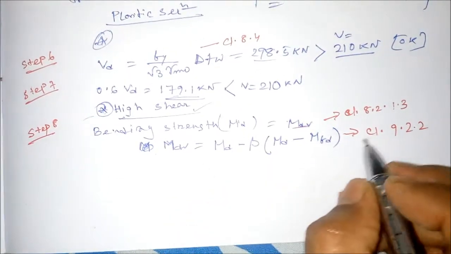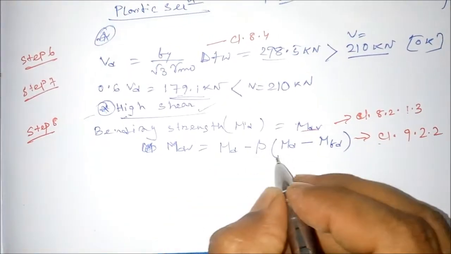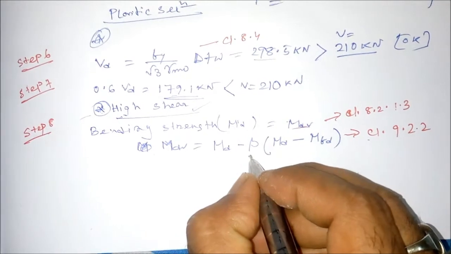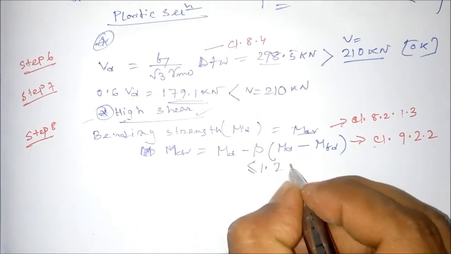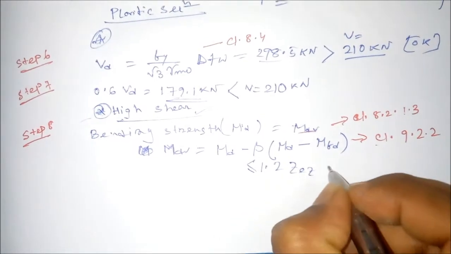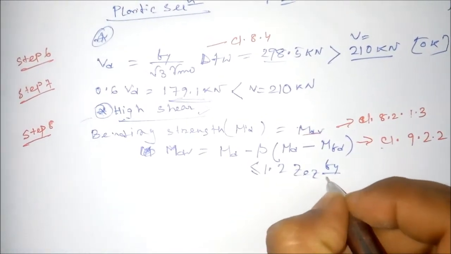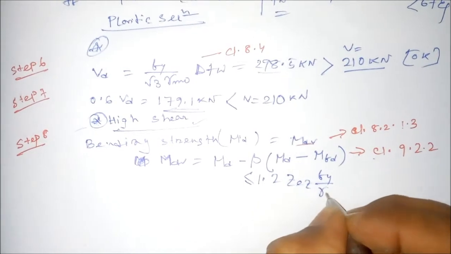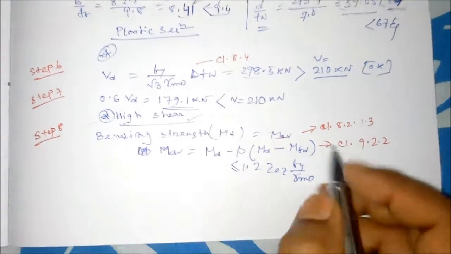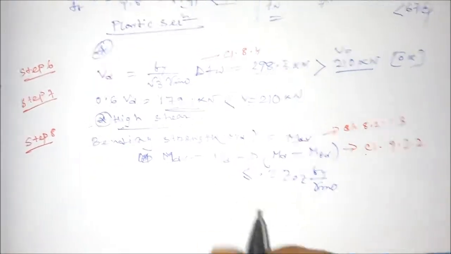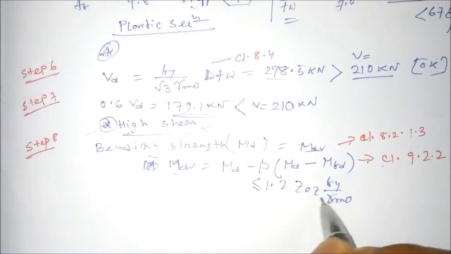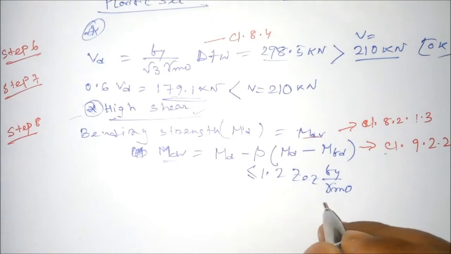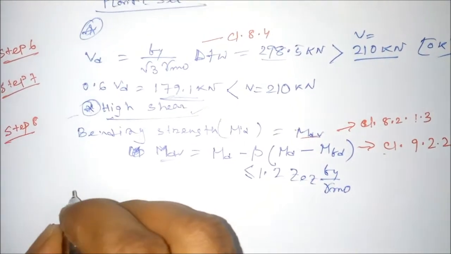Now in clause number 9.2.2 you are getting this, and one limitation is given, that this value should be lesser than 1.2 Ze Fy divided by gamma m0. First let us find out this value, and we will check later whether this is exceeding this value or not.